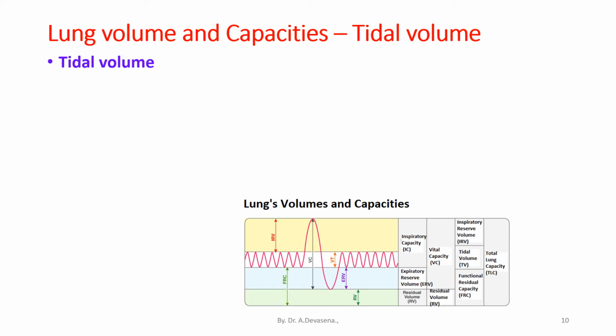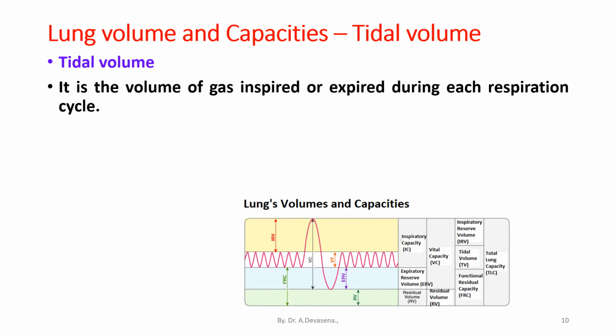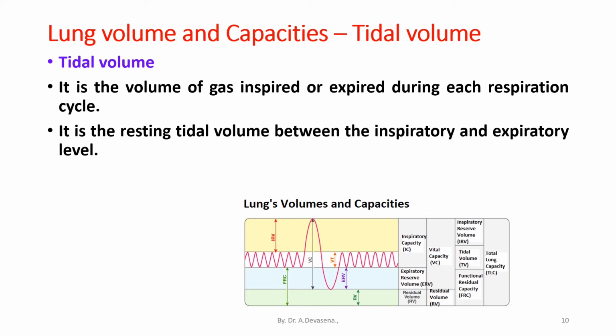Tidal volume. Tidal volume is the volume of gas inspired or expired during each respiration cycle. It is the resting tidal volume between the inspiratory and expiratory level. The tidal volume is about 500 ml for the normal adult.